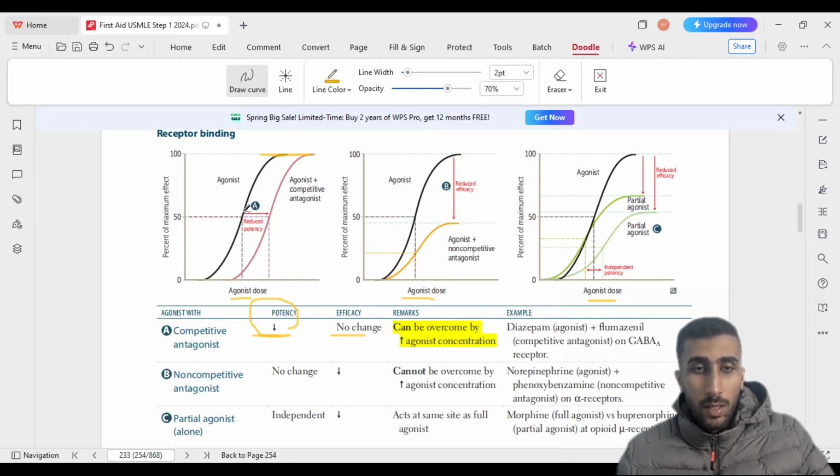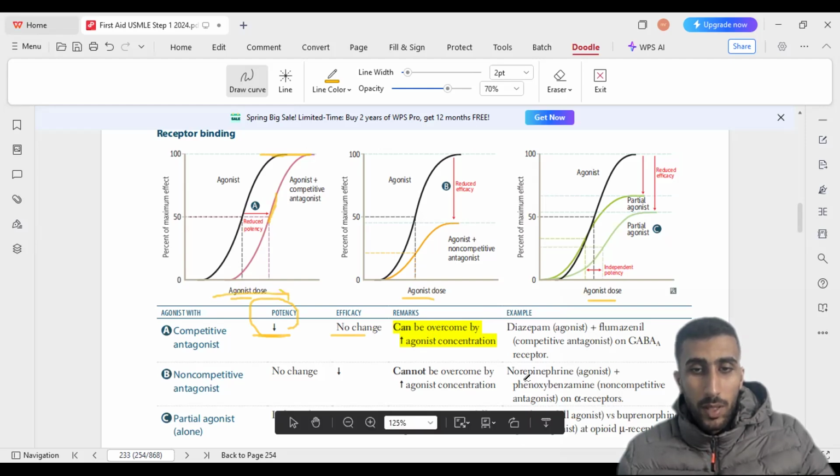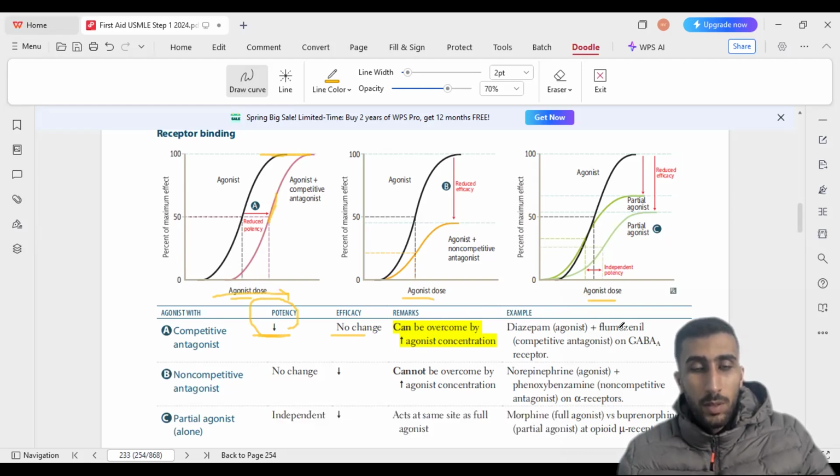The distance between the two lines is the reduction in potency. So this is a competitive antagonist, and it can be overcome by increasing the agonist concentration. If we increase the agonist dose, we will reach the maximum effect. An example is diazepam, which is an agonist, plus flumazenil, which is a competitive antagonist.